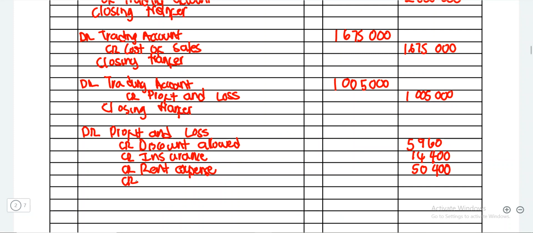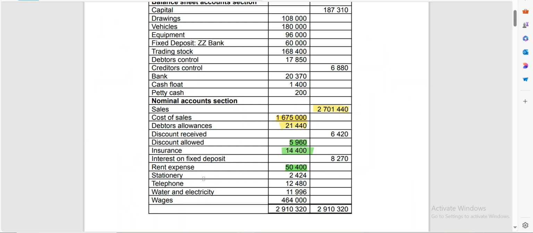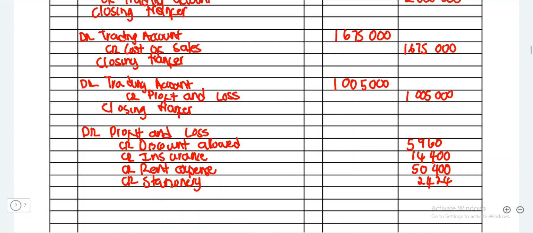So we'd have credit stationery 2,424. Okay, and then next we are going to check what else do we have. We have telephone for 12,480. So I will say also credit telephone.